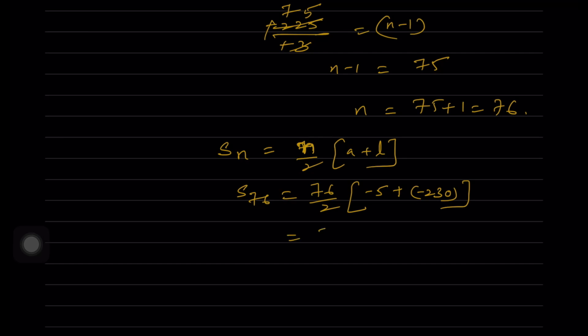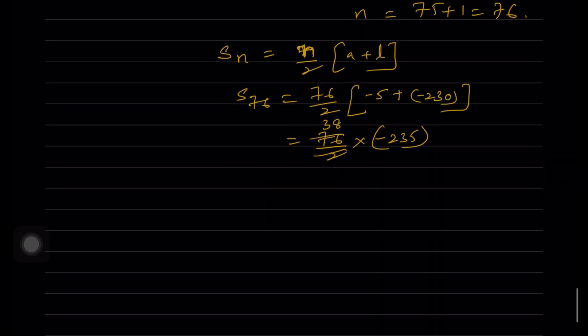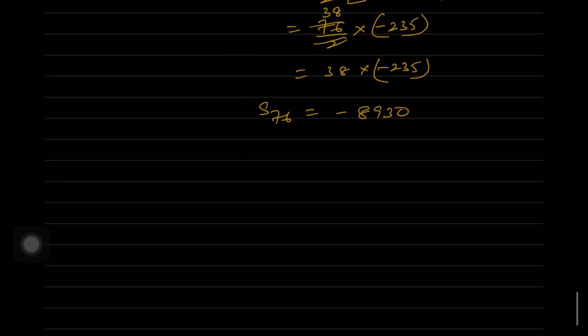So which is equal to 76 by 2 into minus 235. So 2 3s are 6, 2 8s are 16. So 38 into minus 235 is equal to minus 8930. S76 is equal to so much.